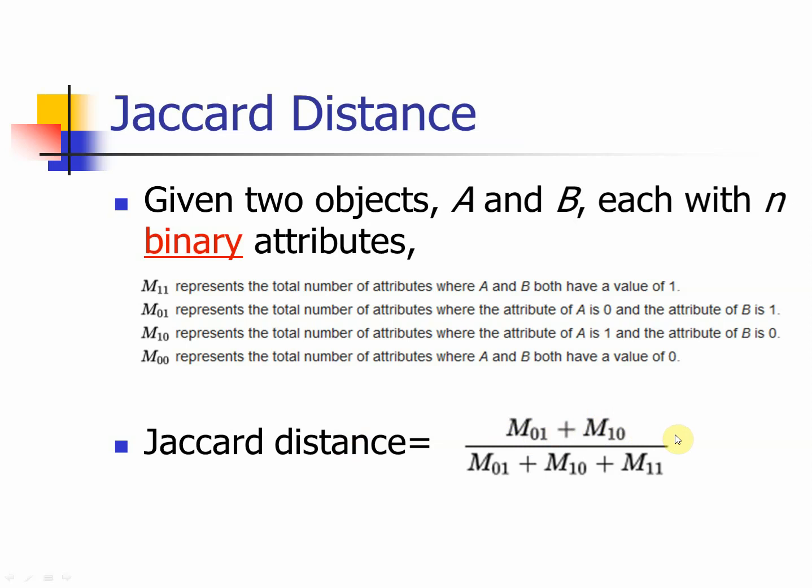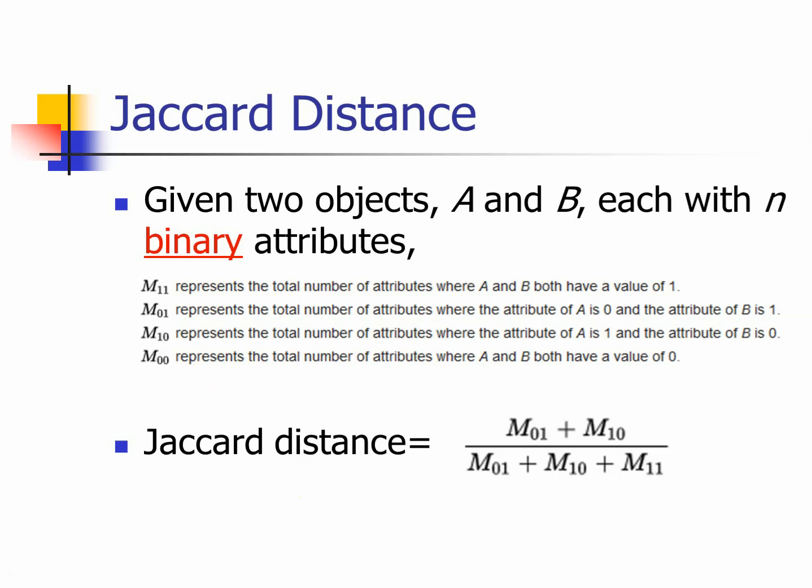You can see the Jaccard distance plus the Jaccard coefficient will always equal 1 based on the definition. And one more thing I want to reiterate is that M00 is not used in the Jaccard distance nor coefficient. It is used in the Pearson correlation coefficient.